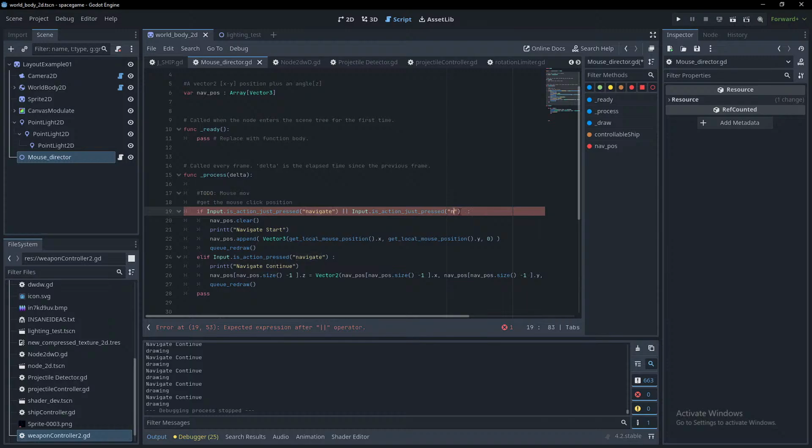Instead of navigate, we're going to do navigate continue. We're going to run this as well here, and then we'll run this separately.